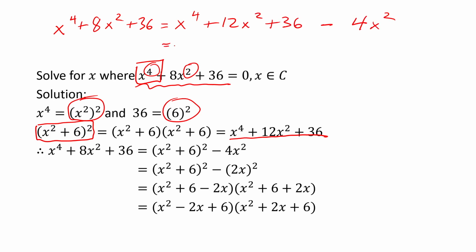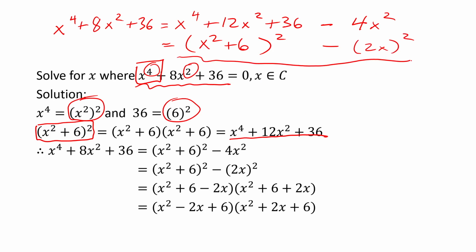Now you might wonder, why did we do this? Well, this x to the 4 plus 12x squared plus 36 is x squared plus 6 quantity squared. And this 4x squared is 2x quantity squared.